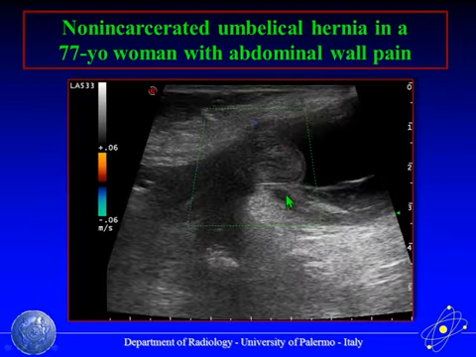And in this other scan, this is the free fluid within the hernia and the bowel loop at the neck of the hernia. We can also see this tiny dot of color in this portion of the wall. In this case, we can say that the bowel loop is still viable.